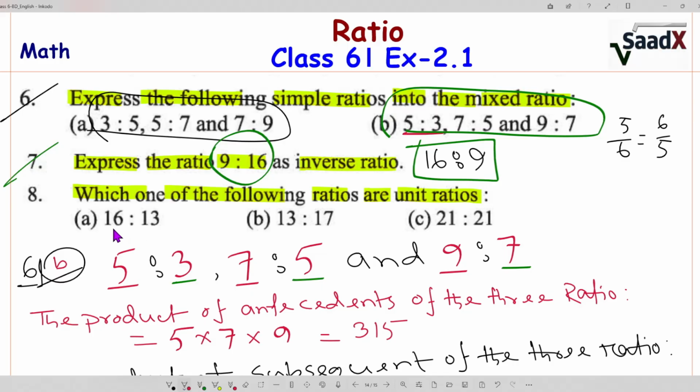It means, look, 16 and 13 is not similar, 13 and 17 is not similar, but in number C, 21 and 21 all are similar, right? So in this ratio, antecedent and subsequent are similar, so our required answer is number C. Okay, so C is our correct answer. So number 8 done.